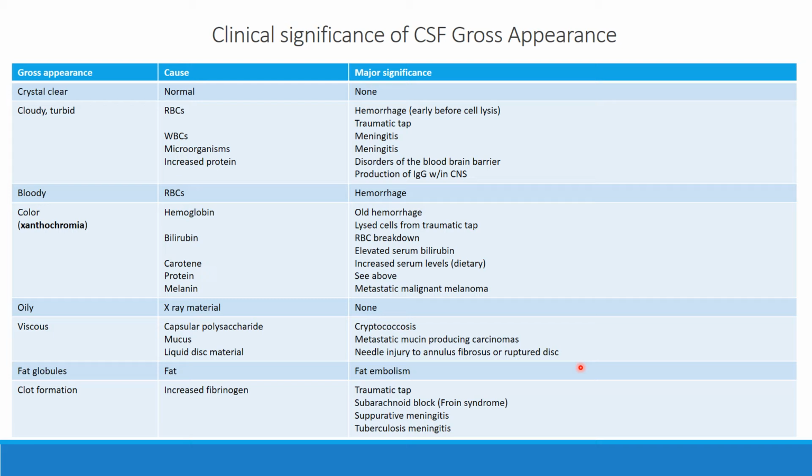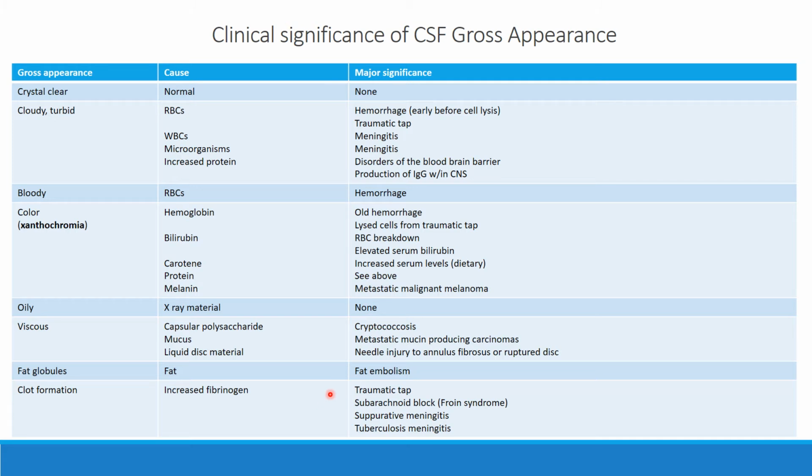How do you differentiate that? You're basically ruling out the other causes: there's no infection, the patient doesn't have a carcinoma, so likely we got some kind of disc in there. Okay, and then clots. We don't normally see clots in a CSF. There would have to be a significant amount of plasma in the specimen with the coagulation factors to form that clot.